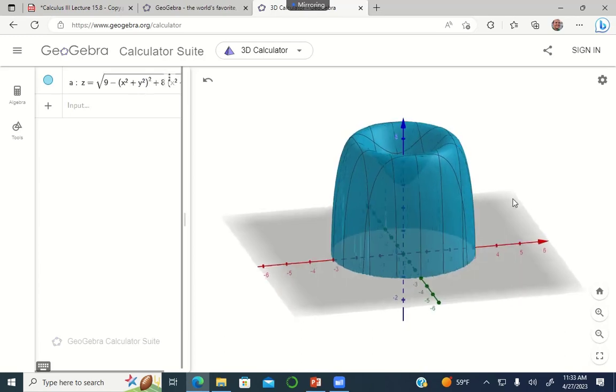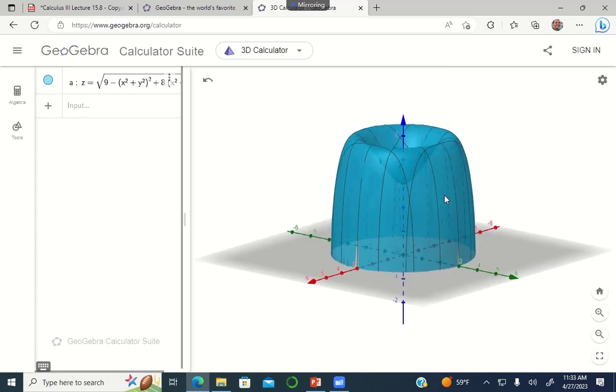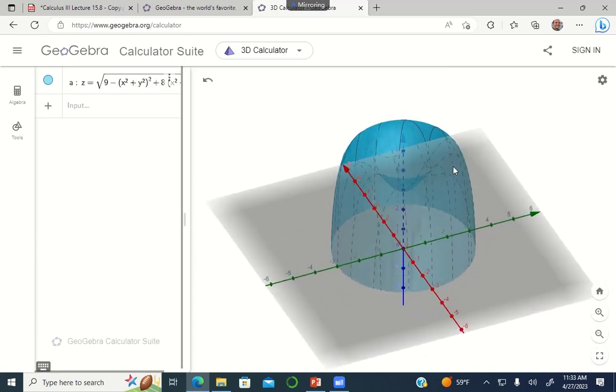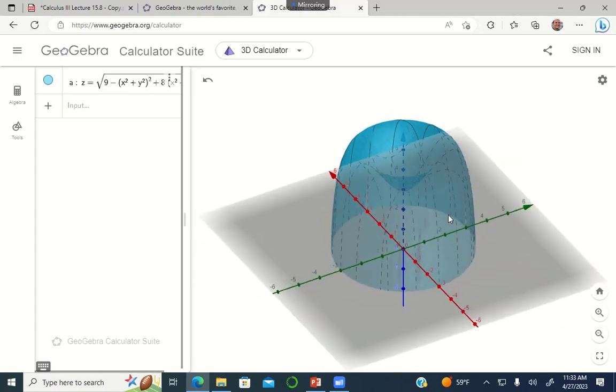Okay, so this is, again, the surface that we're talking about doing a surface integral over. But the nice, neat thing for us is that the boundary of that surface is just that circle in the plane again.